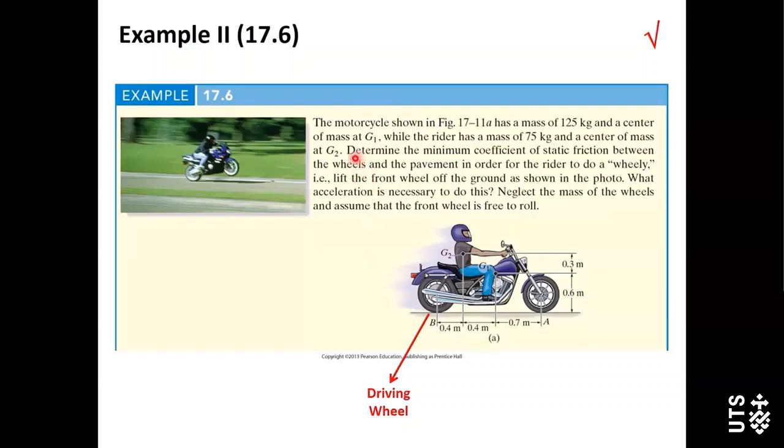The task here is to determine the minimum coefficient of static friction force between the wheels and the pavement in order for the rider to do a wheelie. What does this mean?